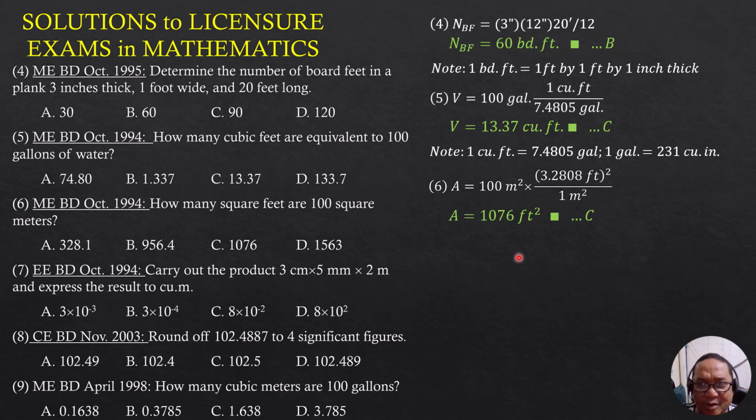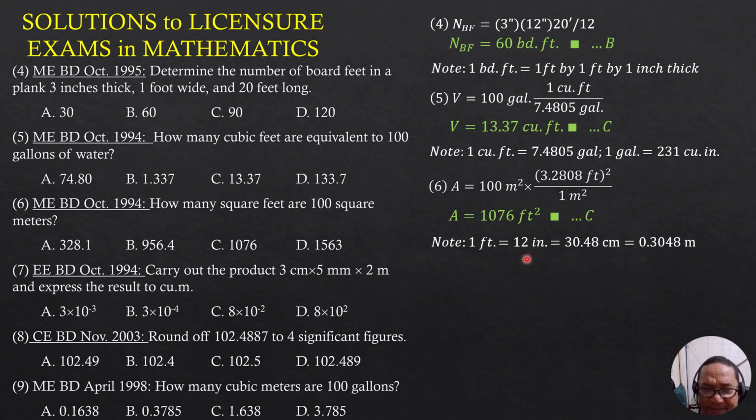And take note that 1 foot is 12 inches, 1 meter is 3.2808 feet, and 1 inch is 2.54 centimeters.